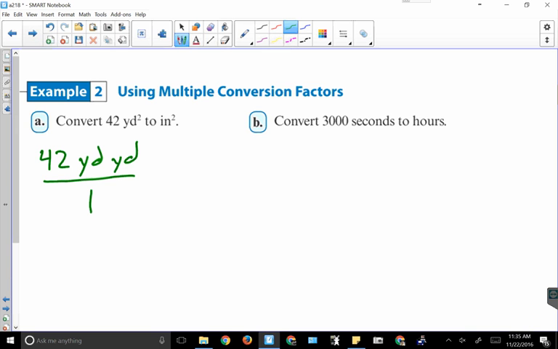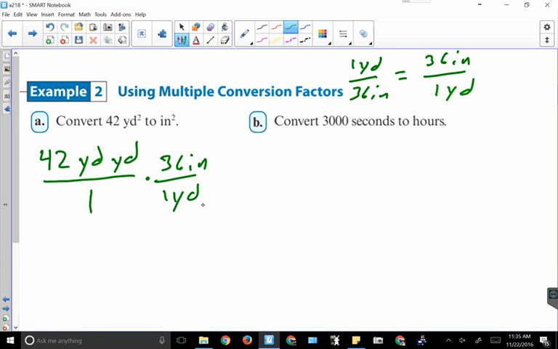Okay. So I've got 1 yard is the same as 36 inches. I've got 36 inches is the same as 1 yard. Okay. So now, do I have a unit multiplier or these conversions that has it in the bottom? Yes. So I'm going to multiply it by 36 inches over 1 yard. How many of these do I need? I need 2. Why do I need 2? Because this is yards squared.